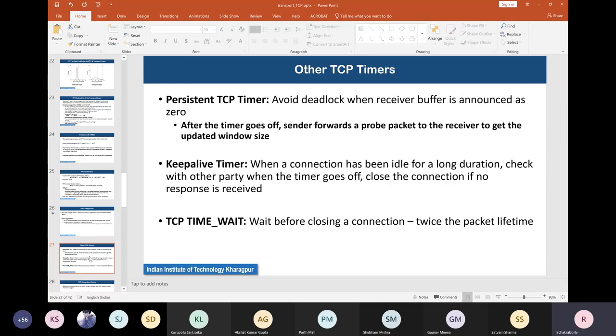In that time, the receiver will send an acknowledgement, because the receiver will acknowledge whatever it receives. It sends an acknowledgement on which the window size is piggybacked, and then the transmitter will know. Maybe even that will get lost. Then another persistent TCP timer will time out again and it will be poked again.